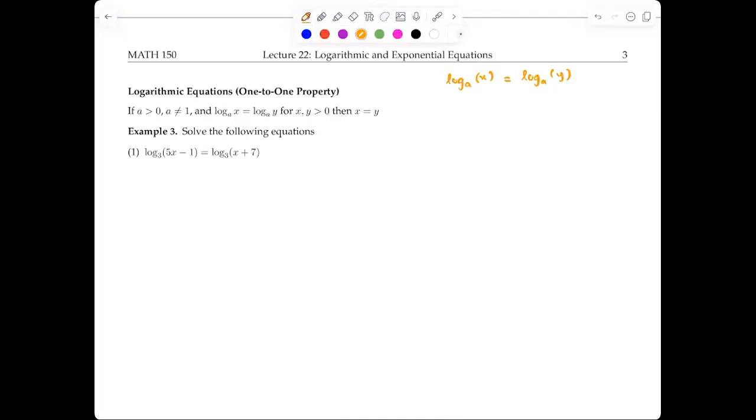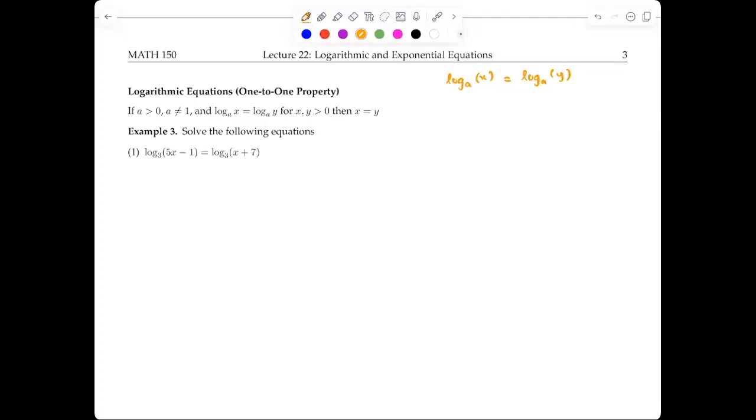Another way to think about this is to apply the cancellation property. Cancellation can happen when you have a log function and an exponential function put together, a composite of exponential and logarithmic functions. So in this case, you have an exponential function with the base a, the same base as the log.